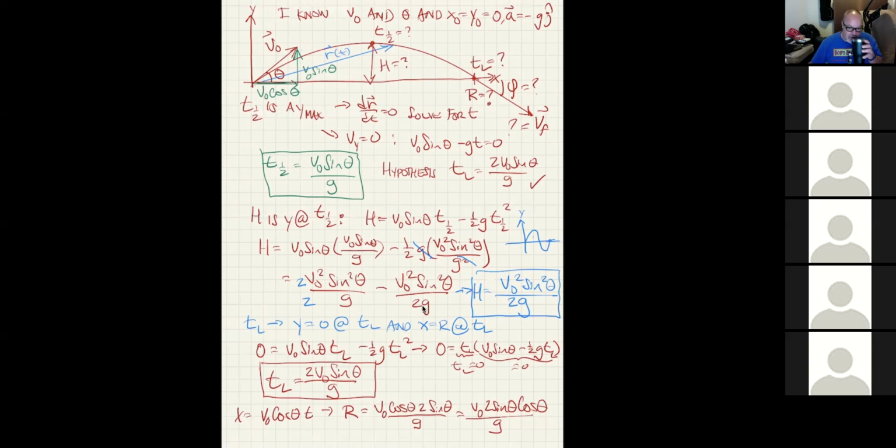That right there is an identity. Does anybody recall the trig identity from that? This part right here is actually the sine of 2 theta. So flipping pages, I'm going to say R is in fact equal to v0 squared sine 2 theta over g. And that is a fundamental result.